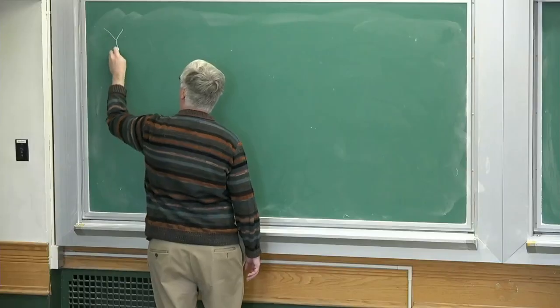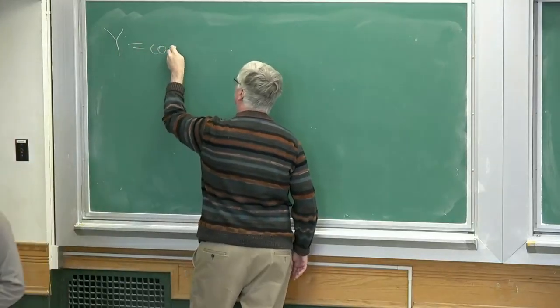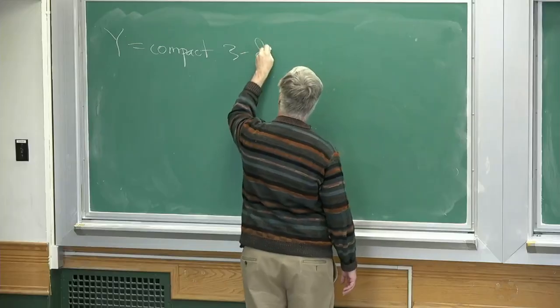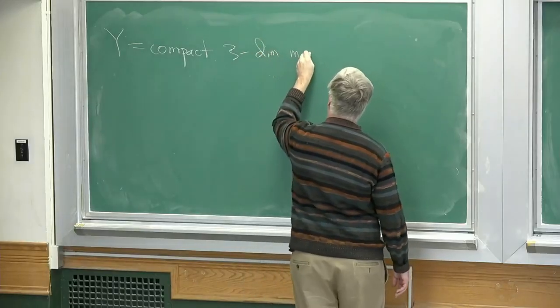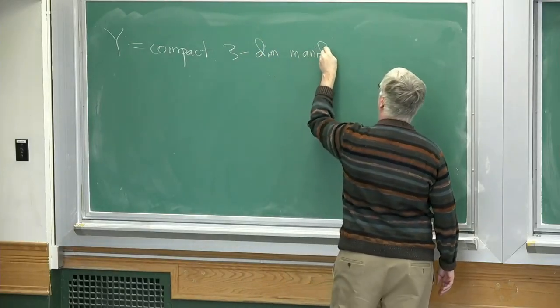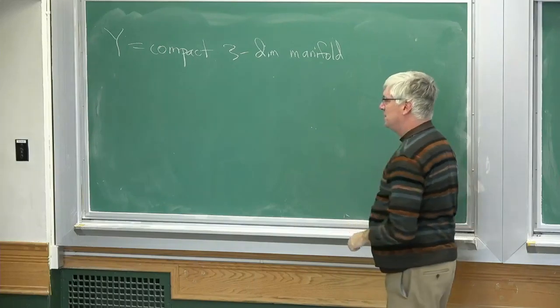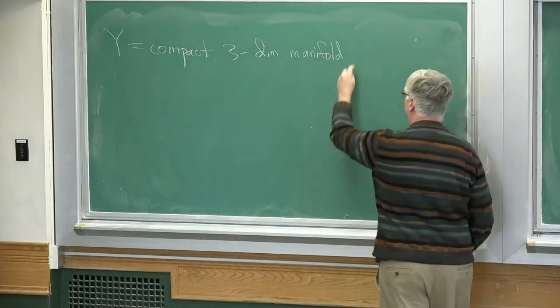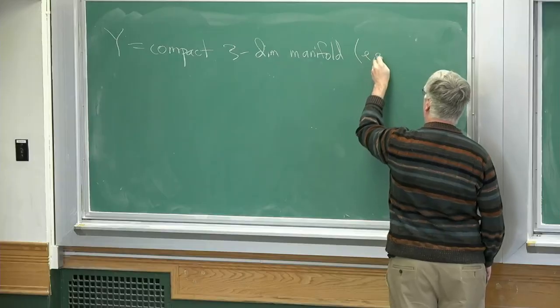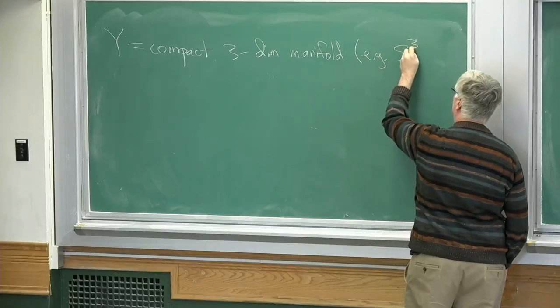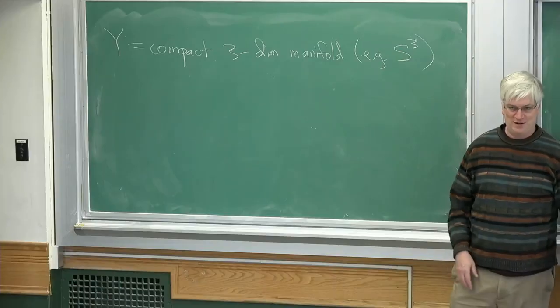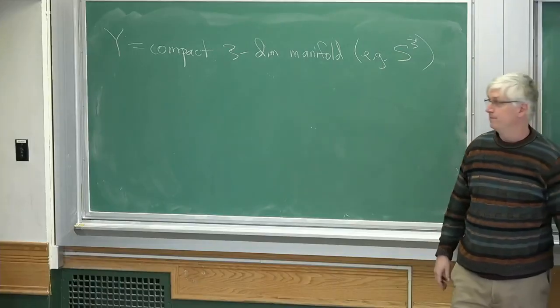Okay, so the setting for this talk is Y, a compact three-dimensional manifold. There isn't really any topology in this talk, so if you don't want to think about topology, you can just consider the case where it's the three-sphere, which is just R^3 with an extra point.